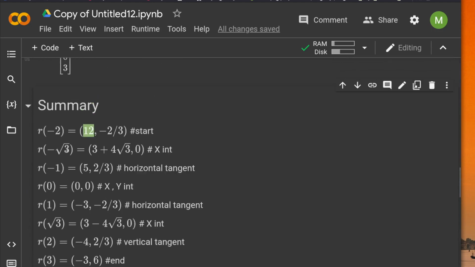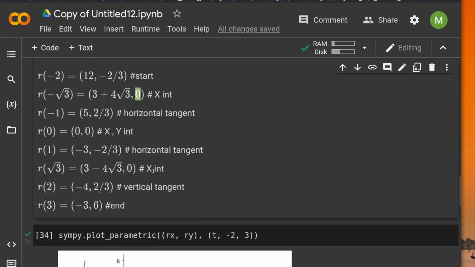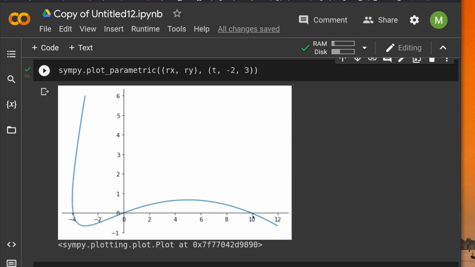The next interesting point is the x-intercept, which happens at the point 3 plus 4 times the square root of 3, y coordinate 0. So we start here, we move there, there's our x-intercept. It's not quite 10. If you work out this expression with a calculator, you will see it's 9 point something, but it's quite close to 10.